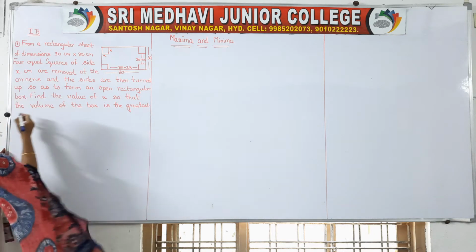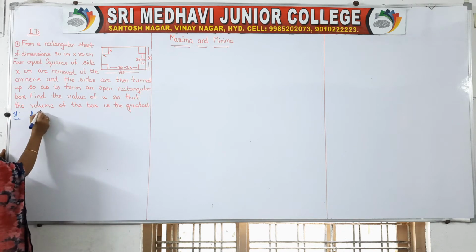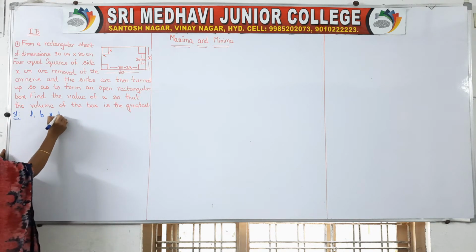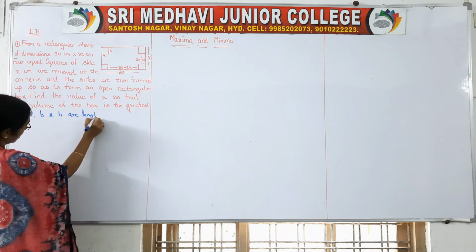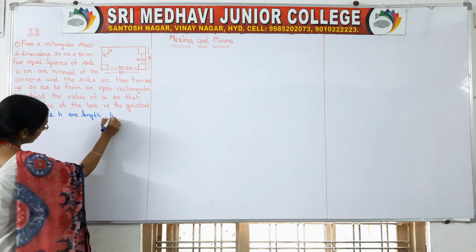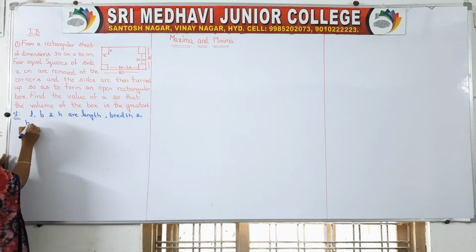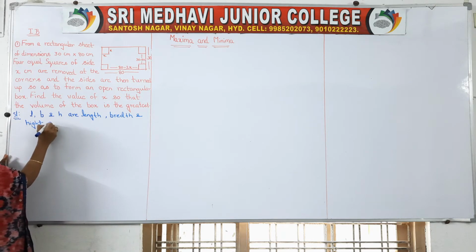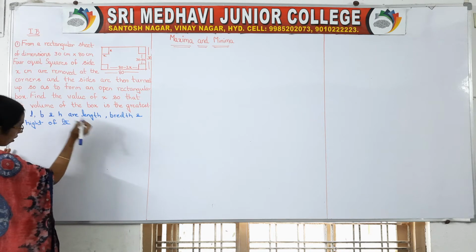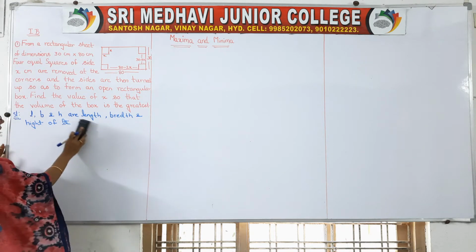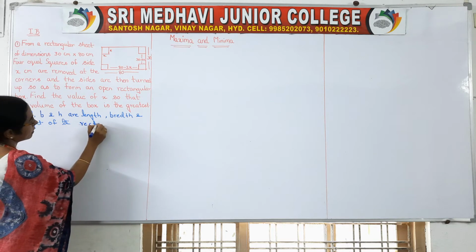Okay, so come on, now you take the question, right? Let L, B and H be the length, breadth and height of the rectangular box.